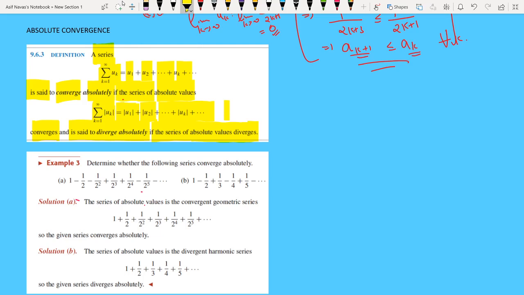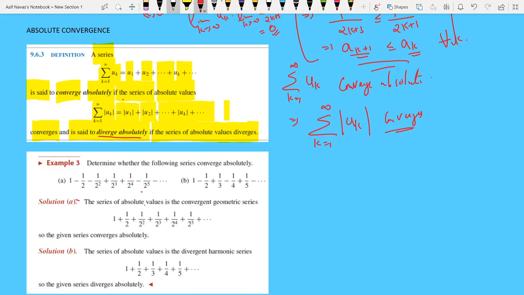That means sigma uk converges absolutely if the series of absolute values, sigma mod uk, converges, and diverges absolutely means sigma mod uk diverges.